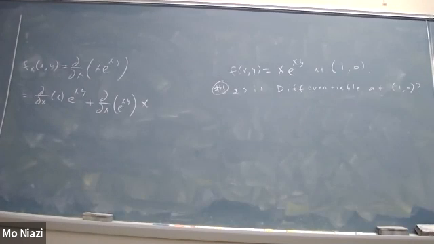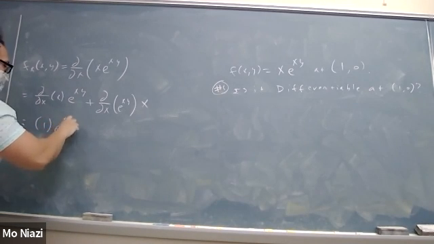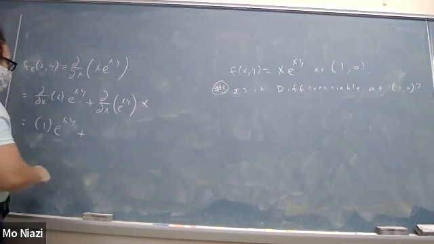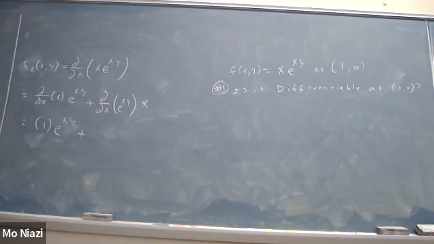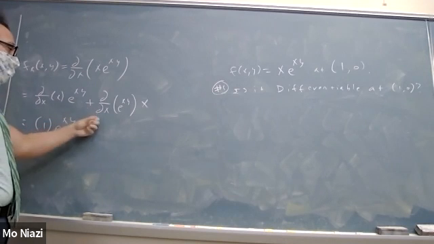What rule is this? Yeah, product rule. So the derivative of x is just 1. And then that e to the xy just comes along for the ride. Over here, now we're going to address that e to the xy.